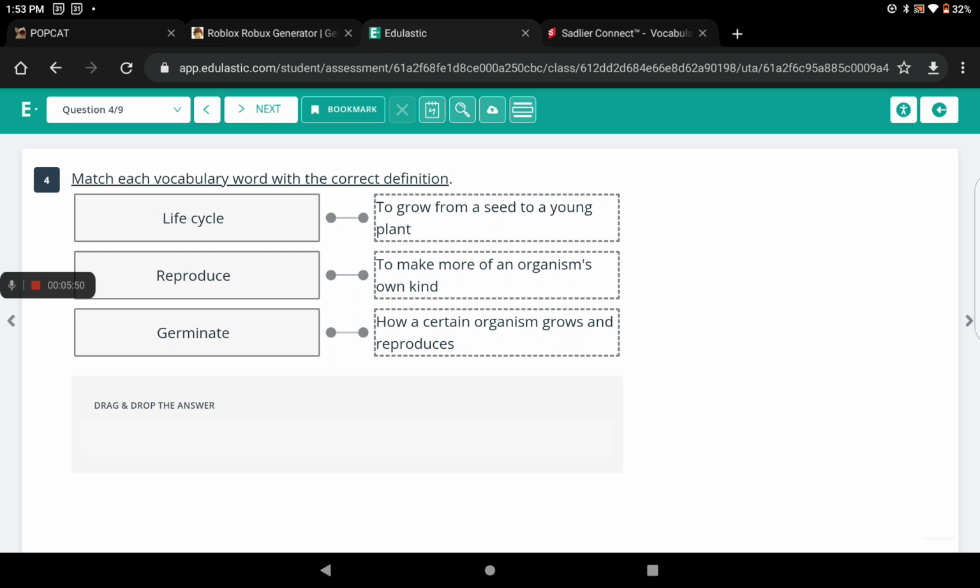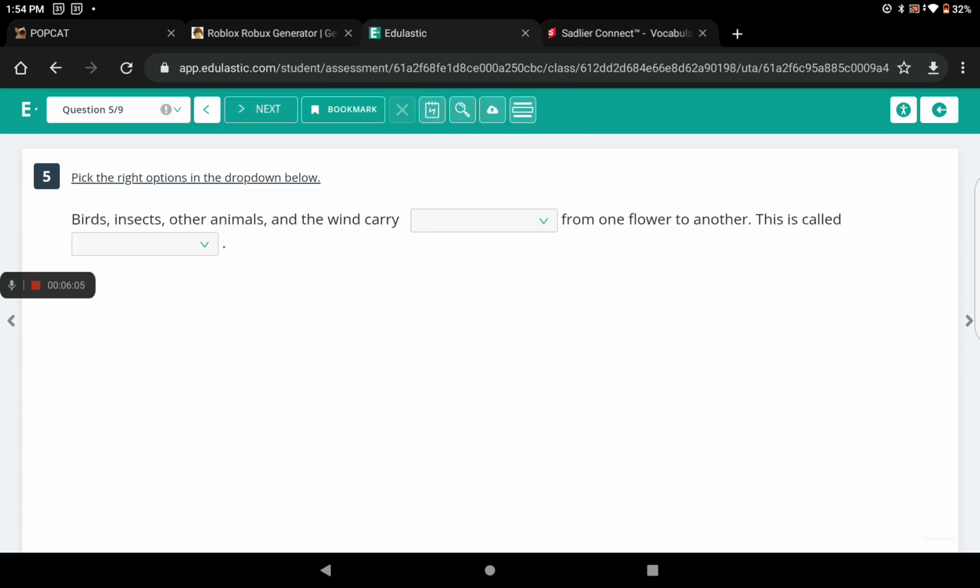And then the last definition, how a certain organism grows and reproduces. Is it life cycle, reproduce, or germinate?